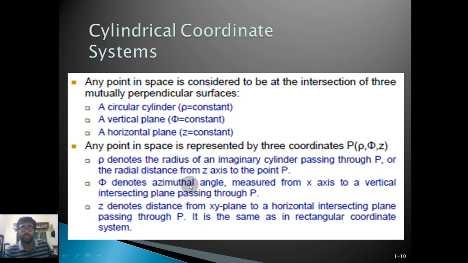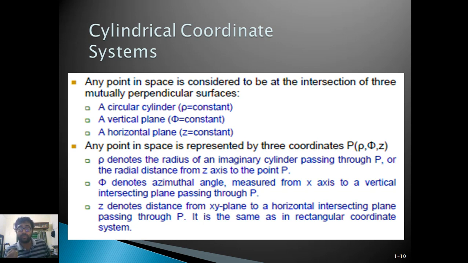Phi has been named the azimuthal angle, measured from the x-axis to a vertical intersecting plane passing through P. If there is a point P, there will be a vertical plane passing through P. The angular position of that specific vertical plane from the x-axis will be denoted as phi.